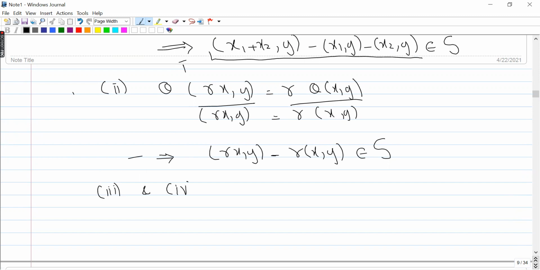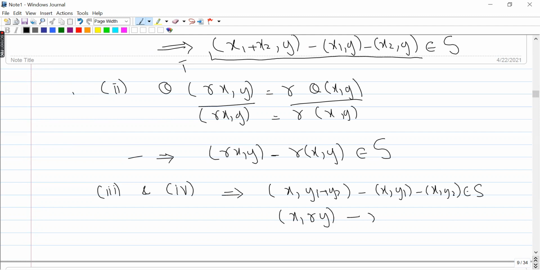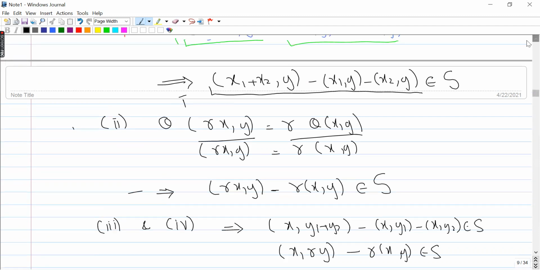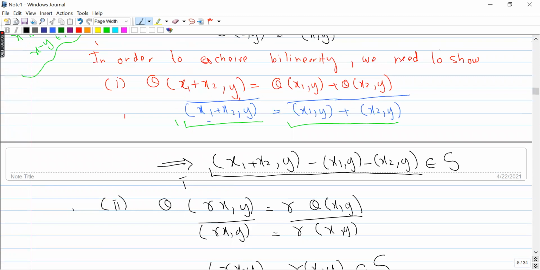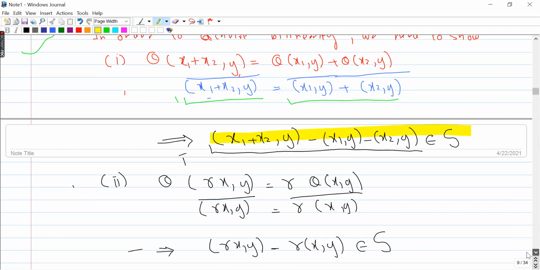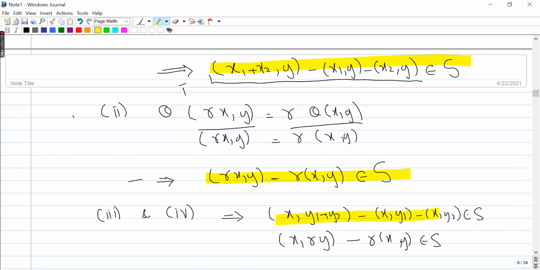From the third and fourth property you can imply that y1 plus y2 minus x comma y1 minus x comma y2 should be an element of S, and also x comma ry minus r times x comma y should be an element of S. So actually, if we want to see that theta, a canonical map, is a bilinear map, we should have these kind of conditions. So we have this condition, this condition, this condition, and this condition.